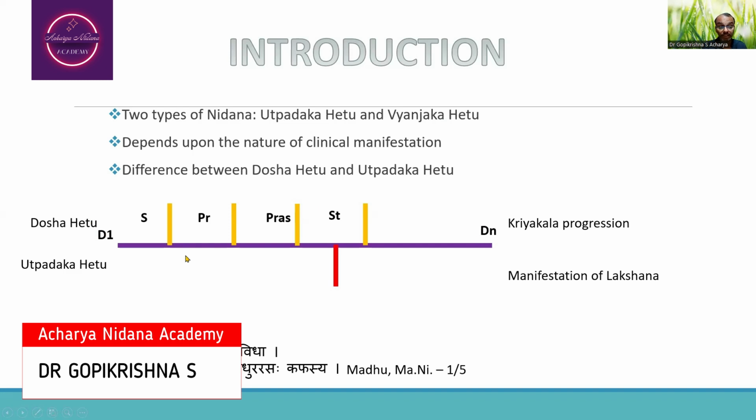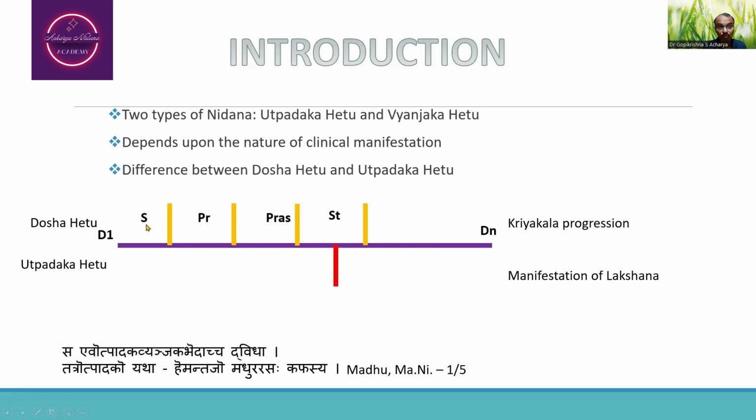Dosha Hetu are those which are responsible for Sanchaya, Prakopa, Prasara and Sthana Samshaya to occur, wherein the next phase will be related to Vyadhi Hetu. Whereas Utpadaka Hetu is mainly related to the manifestation of Lakshana. Based on that, it is classified.